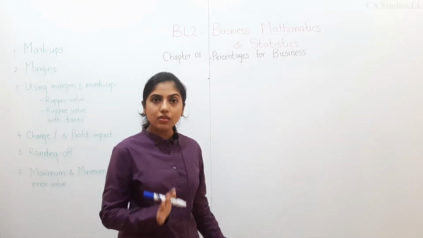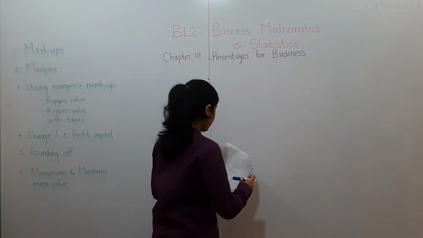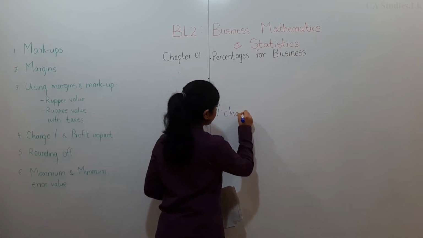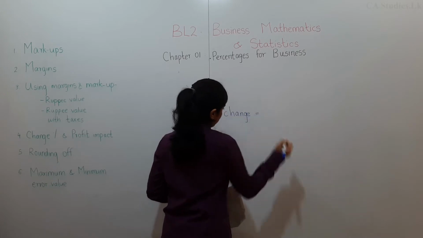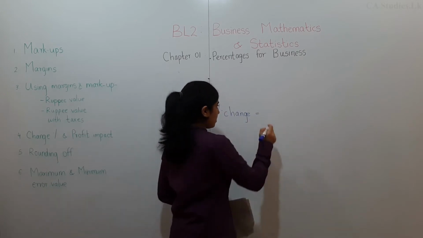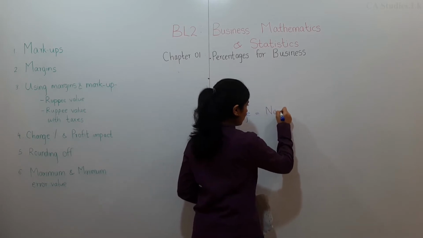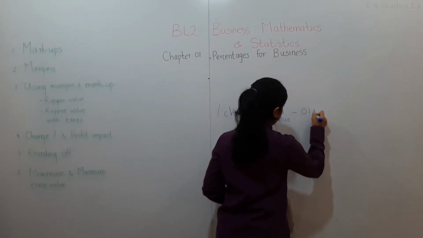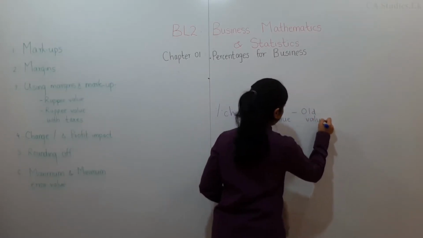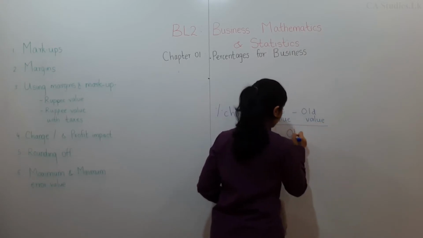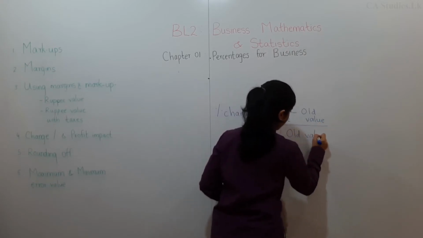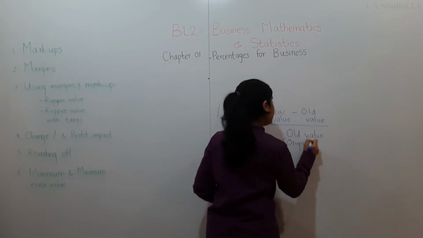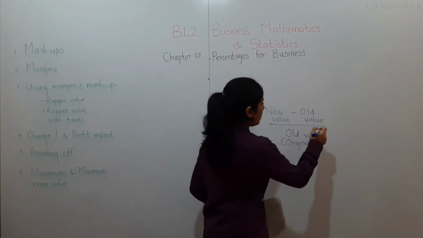Very easy, always remember the formula that I am writing: percentage change equals new value minus old value, divided by old value. Now you don't call it old as such, you say original value, but it's easy to remember when we use very familiar words, that's why I use that, into 100%.